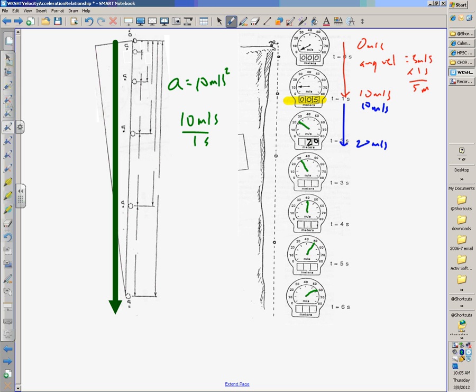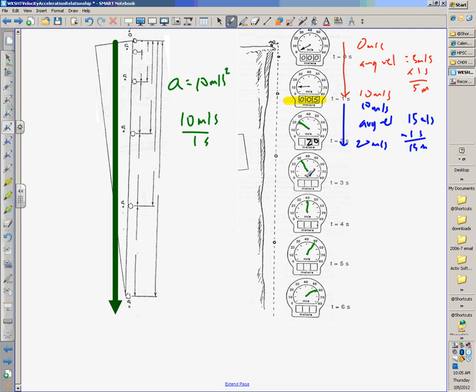So that means that the average velocity during that time is how much? 15 meters per second. How much time goes by during this blue portion? 1 second. So that means during the blue portion, how far did it go? 15 meters. But it's already gone how far? 5. So the total is 20.